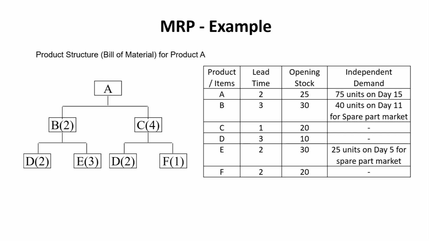Let us take one example to understand how the MRP system works. We have taken one product structure which we had discussed in the previous slide also. We are having a product A to be manufactured, and it requires 2 units of B and 4 units of C. Each unit of B requires 2 units of D and 3 units of E. We have taken a very simple structure, otherwise it may have more width as well as more depth.